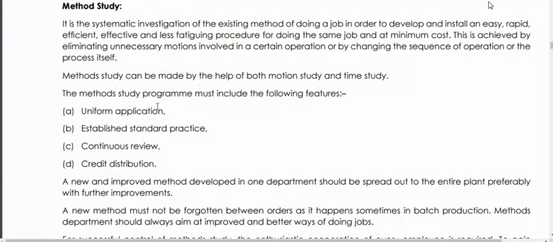So time study says about minimum time, and motion study says about minimum motion. And our objective is again the same, to generate maximum profit with minimum cost.